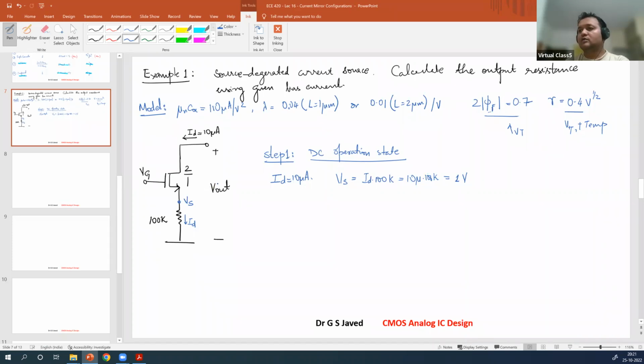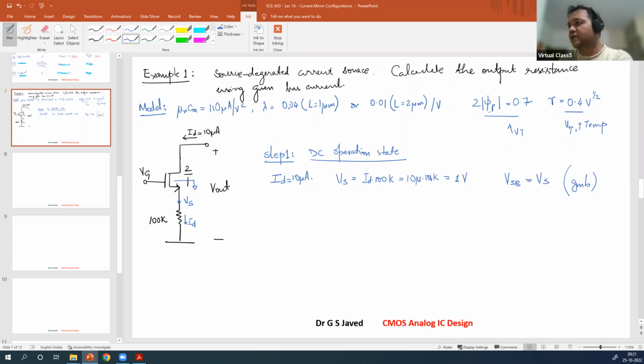Now, what is the source bulk voltage? If the bulk is connected to ground, then it is Vs. So if you just connect this to ground, then the source to bulk voltage will be Vs. If this comes, it means you have a GMB factor.